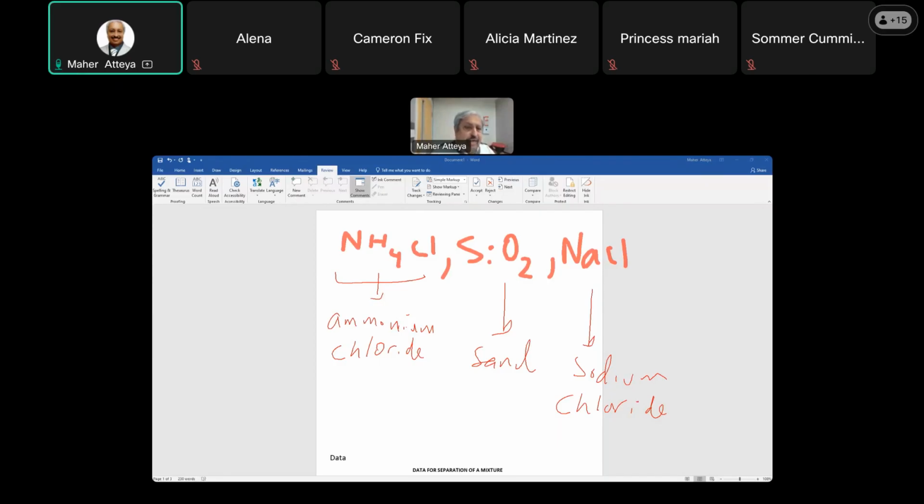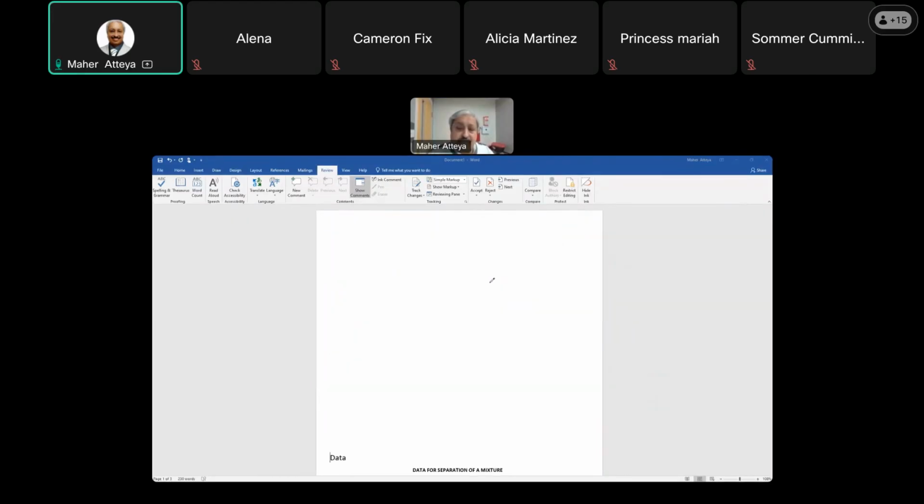This is a white solid. This is white solid. White solid. And this is dark gray solid as well. All those are solids mixed together in a specific percentage, and we want to separate them.